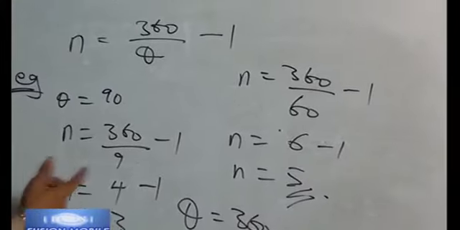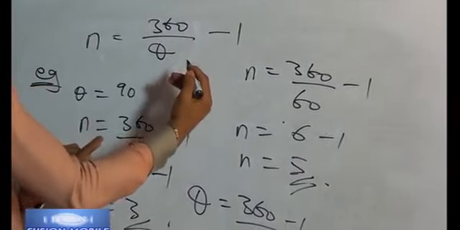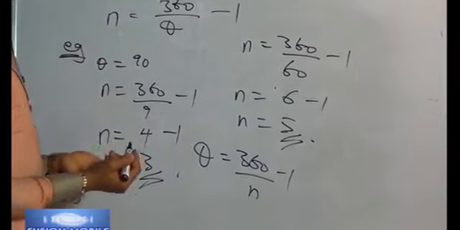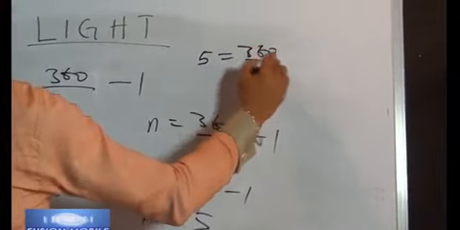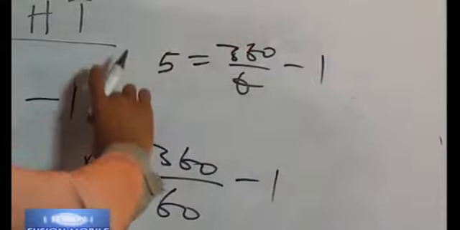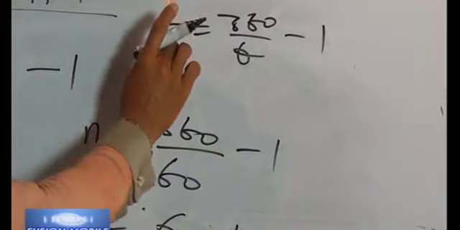For example, if they say, what is the angle of inclination when the number of images formed is 5? What do we have? We'll say 5 is equal to 360 over theta minus 1. So this 1 can cross over the equality sign, and it is minus. As it's crossing over, it becomes plus.